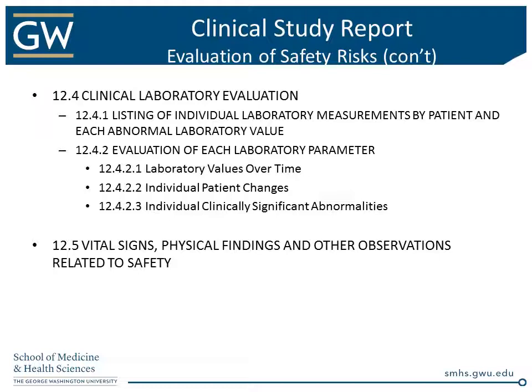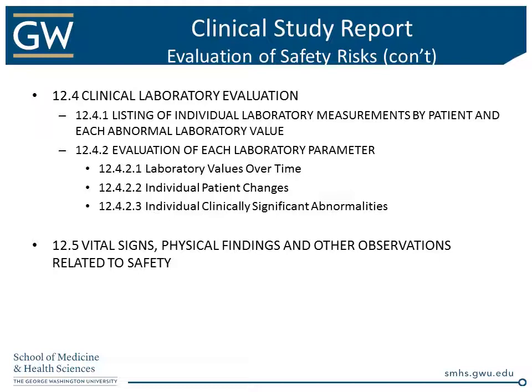And the last section here is 12.5, Vital Signs, Physical Findings, and Other Observations Related to Safety. ICH E3 states these data should be presented similarly to lab data. Abnormal findings in the physical exam after start of the study drug, of course, are typically reported as adverse events.